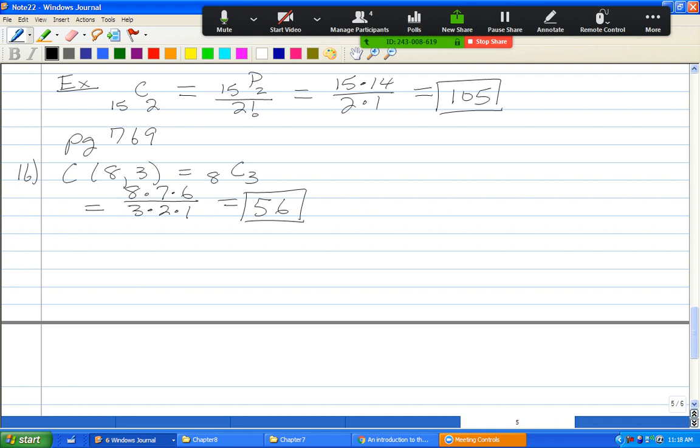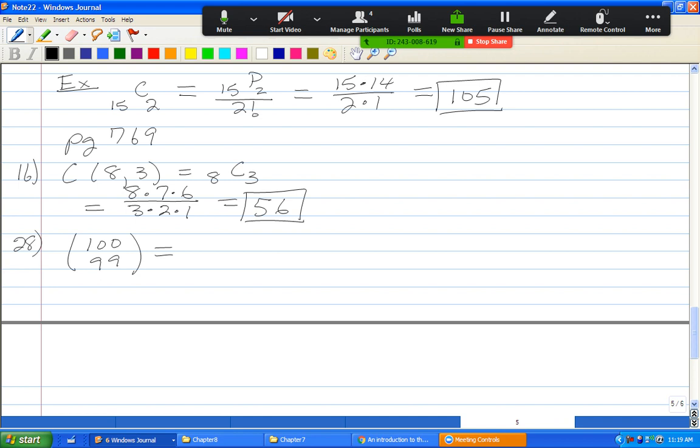We do problem 28. 100C99. You could evaluate this, but it turns out, wow, that's 100 factorial.